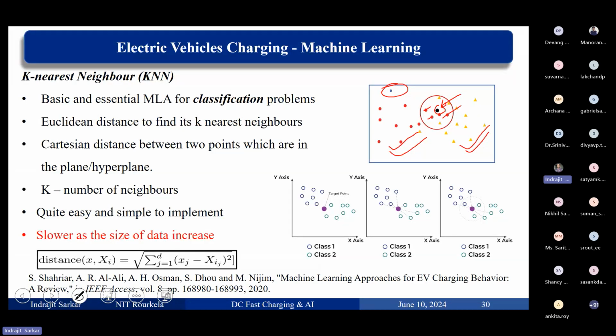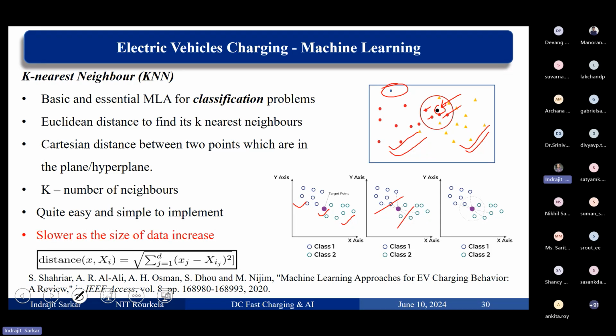So here the target point is here, and these are the two classified data sets, class 1 and class 2. They calculate the Cartesian distance between this point and each class, and then define which class has the shortest distance. The data having the shortest distance to a class will belong to that data set.